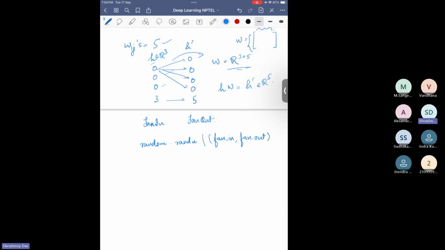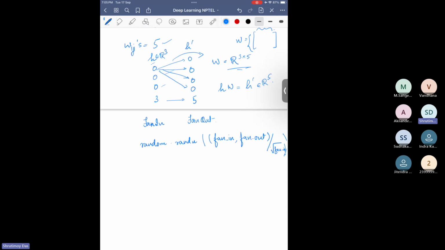To prevent that from happening, we make sure the weights do not have high variance. It should have a variance of 1, and that works out if we have a normalization factor, basically a root of fan in. So that is one initialization scheme that is very popularly used.